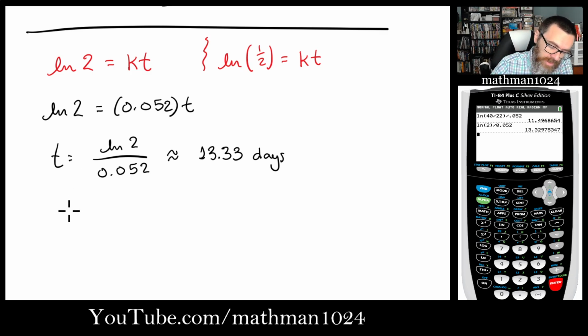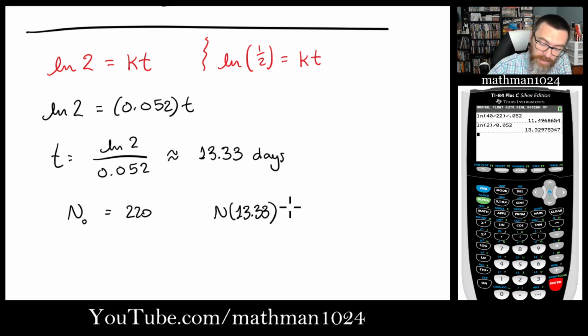So the initial value was 220, and we're saying that in 13.33 days, this should be approximately equal to twice what you started with, which would be 440.